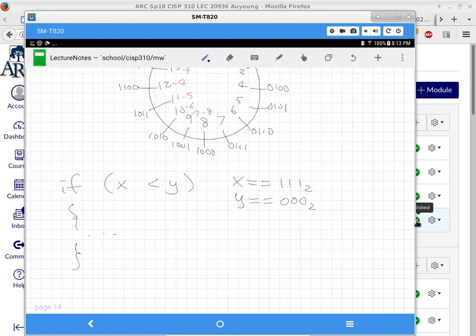So now, if x and y are signed, then -1 is in fact less than 0, and you need to perform the then branch. On the other hand, if x and y are unsigned, then 1, 1, 1 is representing 7. 7 is less than 0 is false. You should not perform the then branch. That is the only time that it does actually matter, is when you compare.